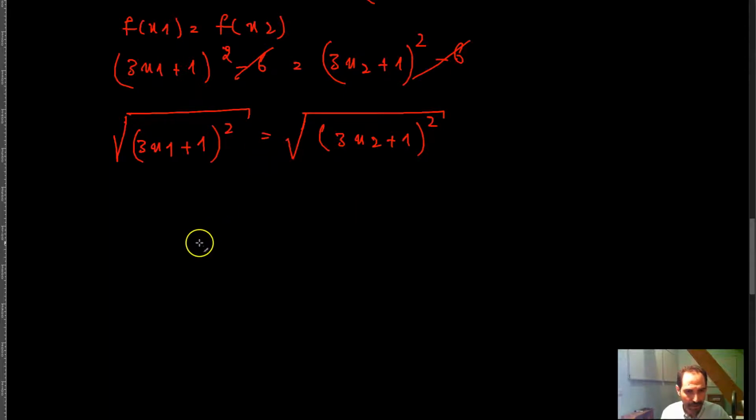positive number, meaning that you can imagine that you have, for example, you know that -3 squared is equal to 9, and also 3 squared is equal to 9.